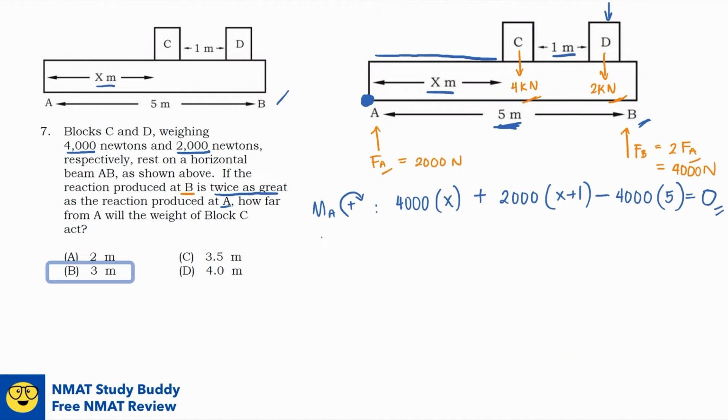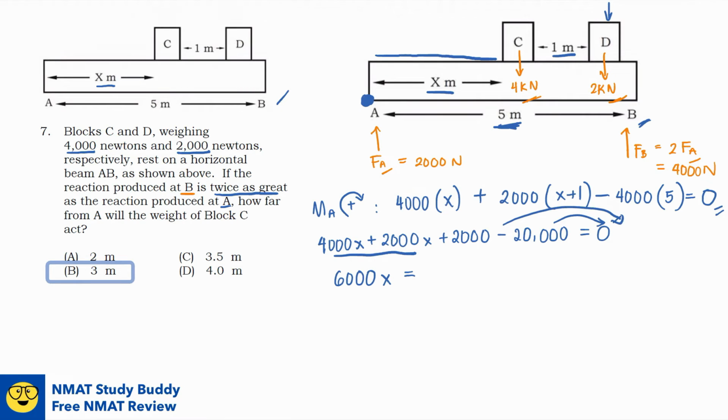And then, let's solve the equation. So, meron kang 4,000x plus 2,000x plus 2,000 minus 20,000 equals 0. And then, pag-plus natin to, so 6,000x is equal to, ilipat natin tong 20,000 and 2,000 sa right side.